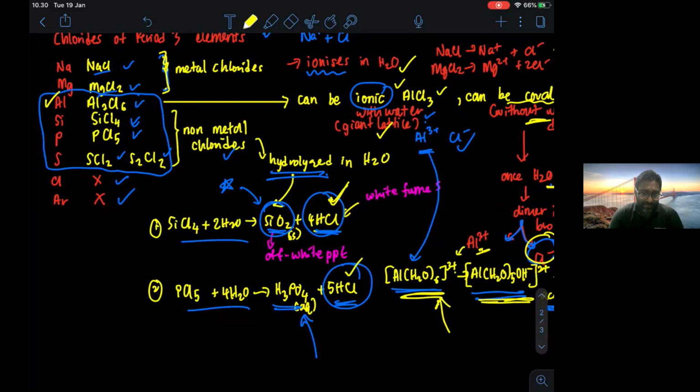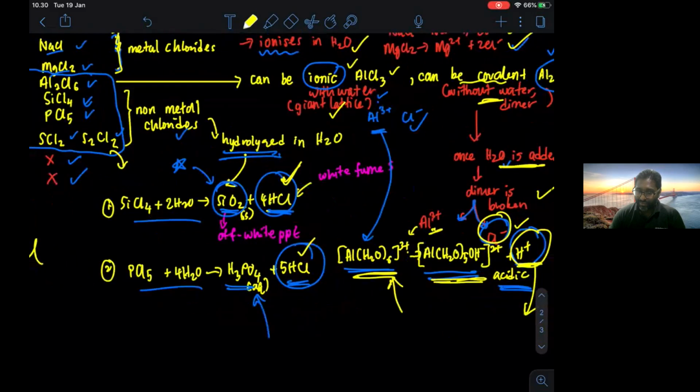And this is not in the syllabus, but generally they do give you HCl as well, the white fume of hydrogen chloride. So do remember, aluminium, silicon, phosphorus, and sulfur chlorides all give HCl when they are reacted with water, when they hydrolyze in water. This is something that you need to take note of.